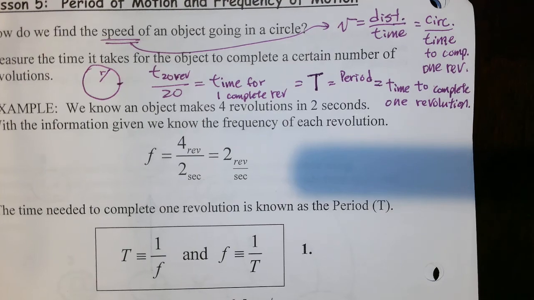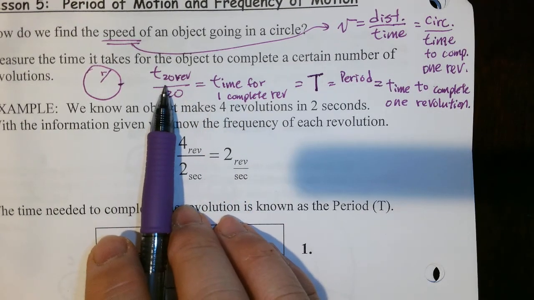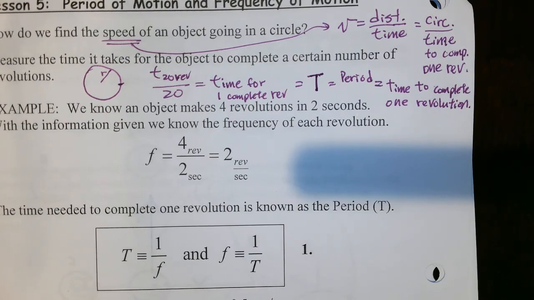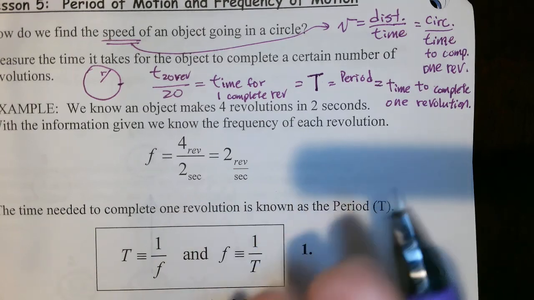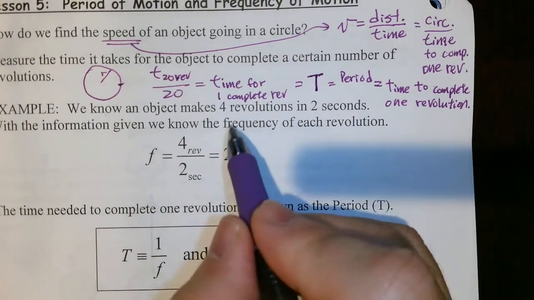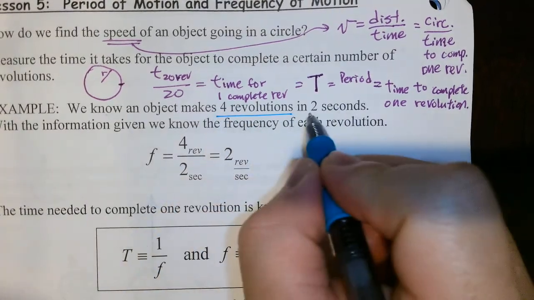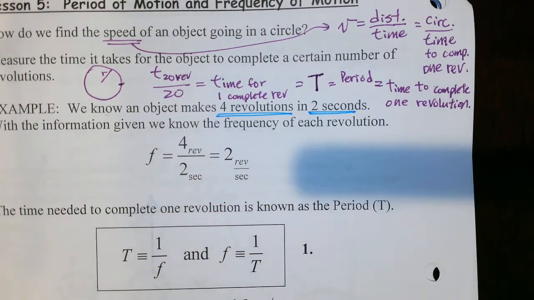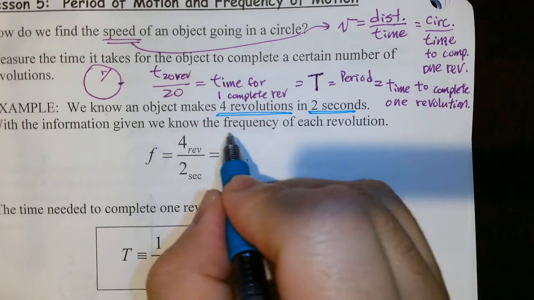So to get the time for one complete revolution, I would just measure like 20 revolutions, if it's going at a constant speed, and then divide that by however many revolutions you did. Then you'll get the time for one complete revolution. So let's say we know an object makes 4 revolutions in 2 seconds. With this information, we can find the frequency.